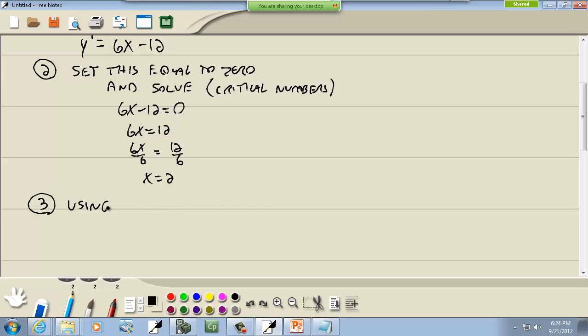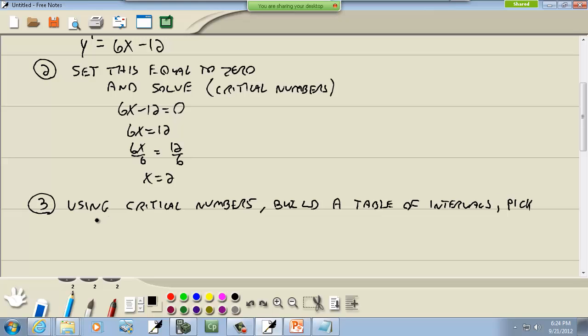So, step 3. Using the critical numbers, build a table of intervals. Pick test cases. Plug them into your derivative.